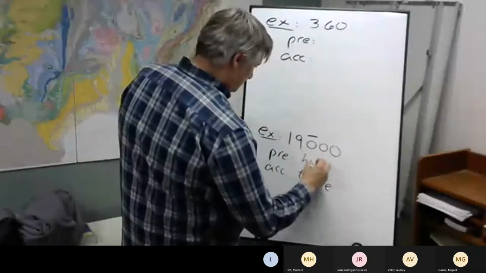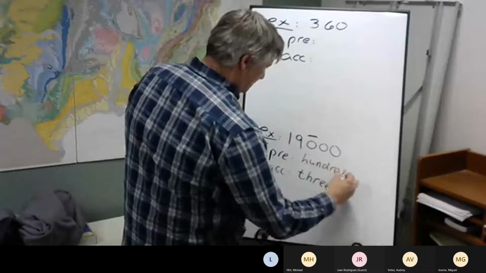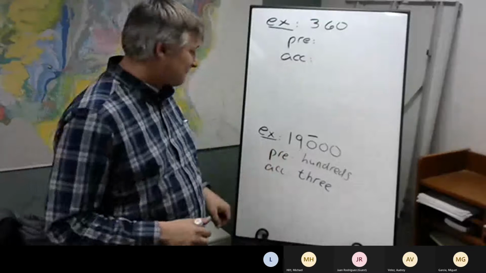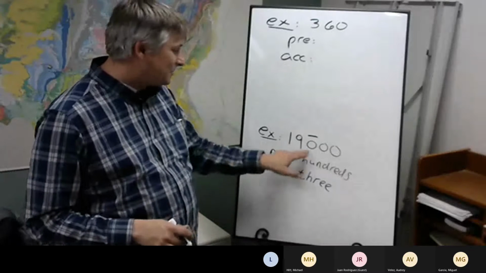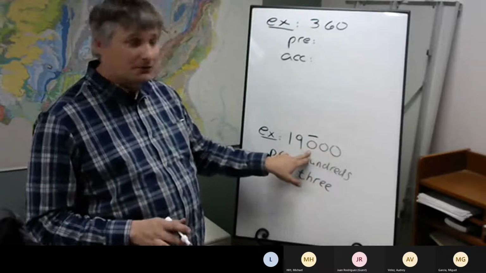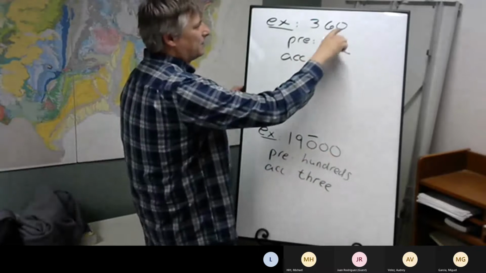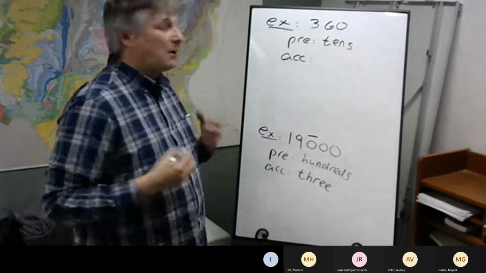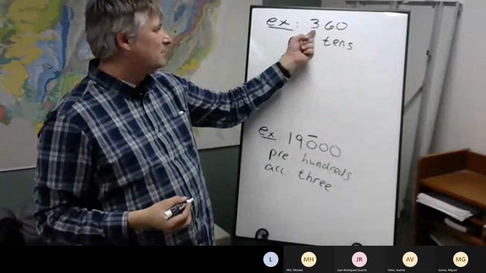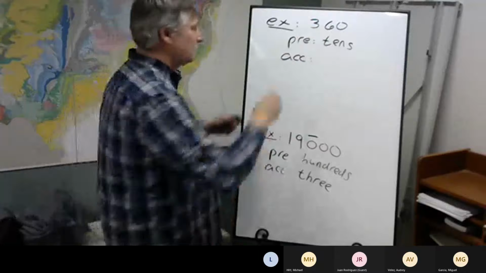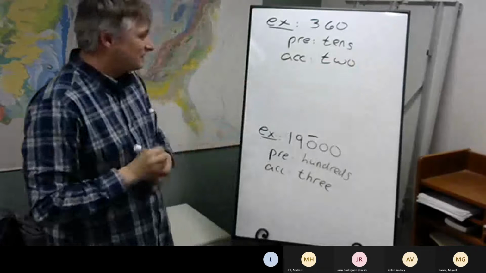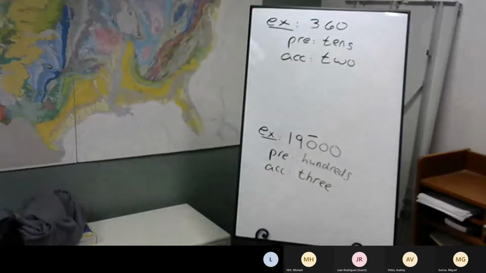Oh, I'm sorry, this is in the hundreds. Apologize for that. It's in the hundreds. That's your ones, your tens, your hundreds. Now again, accuracy: non-zero numbers are significant. Accuracy is going to be 2.